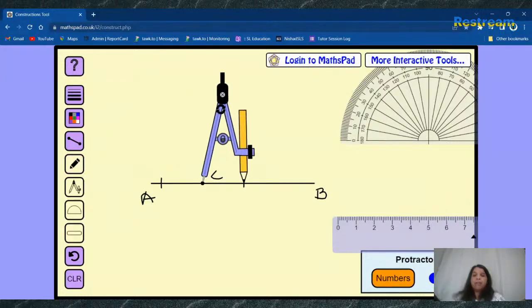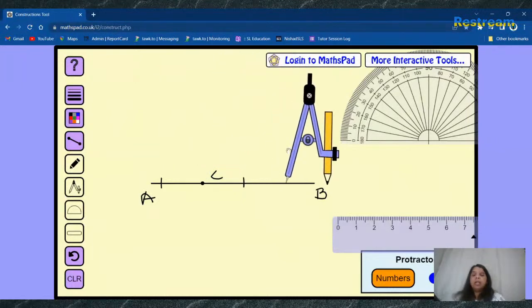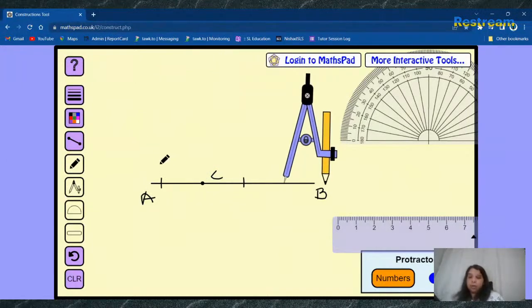Okay, now if you see, I have created a line of equal length. Let's call it B1 and A1. Now A1C is equal to B1C because we have taken the same distance with our compass.